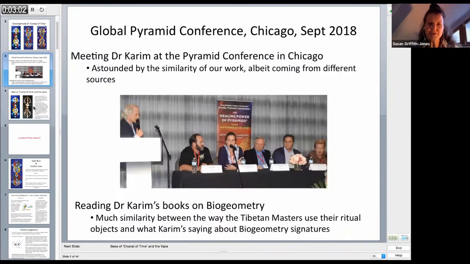So at the end of the last session, I finished with my second visit to Bosnia in June 2018, in which I was introduced to many different scientific concepts like electromagnetic radiation and Fibonacci spiral, golden ratio. I say scientific concepts, but whenever we're talking about Bosnia, we're always talking about what mainstream scientists call pseudoscience.